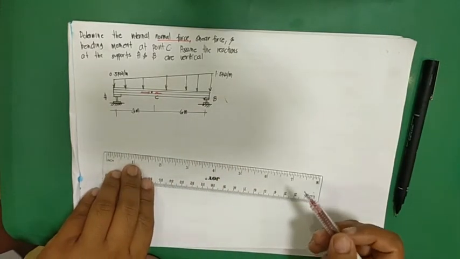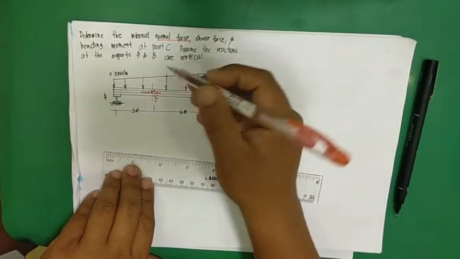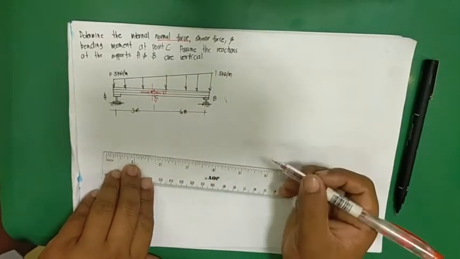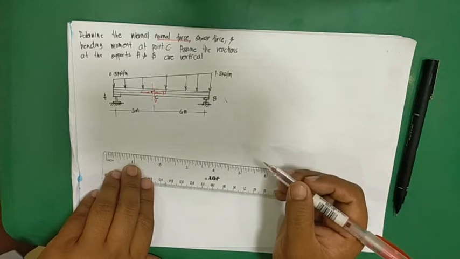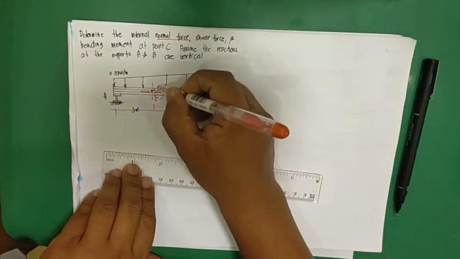Then the other one, the shear. So if you cut this one, what will be the shear force? The normal force. Then you have also bending moment at C, which can be here, moment.